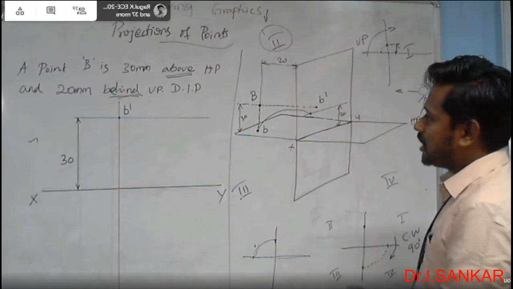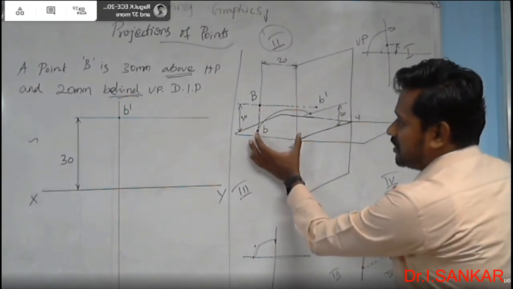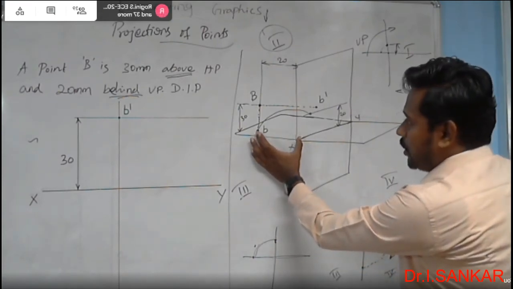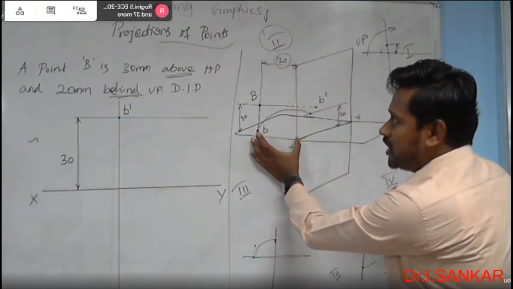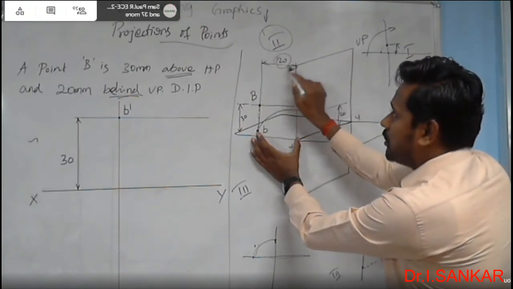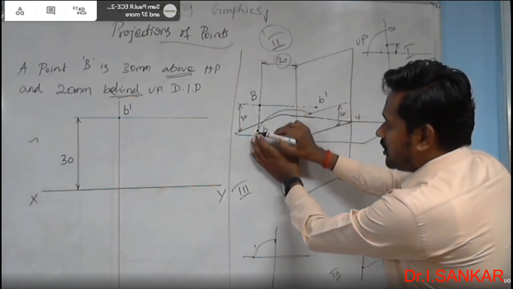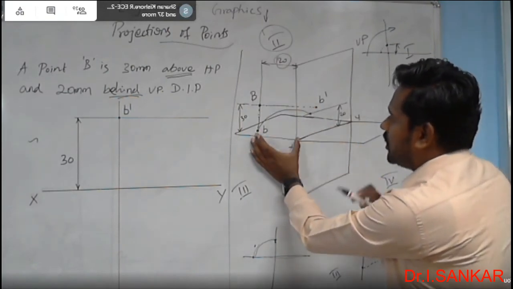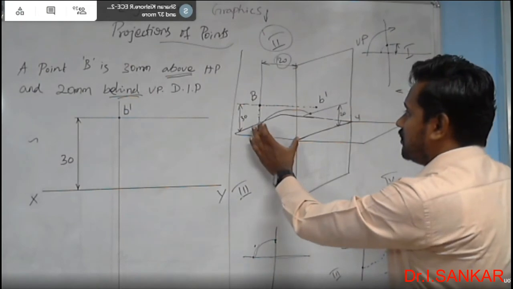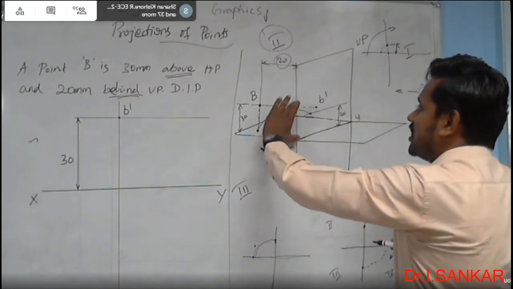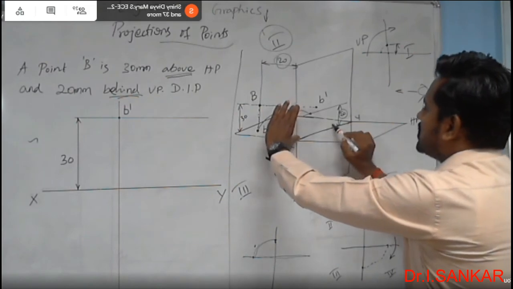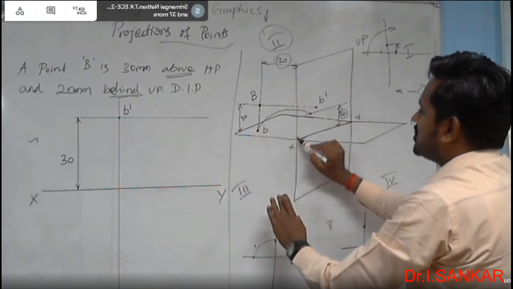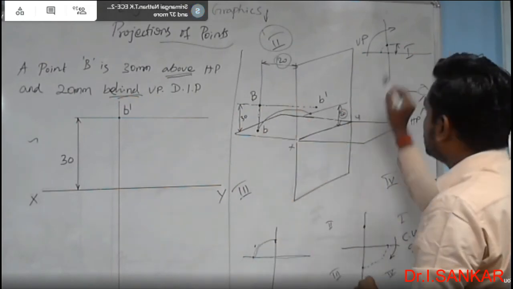Why 20 mm? Because the top view of the point is located behind VP 20 mm already from the beginning, because the point B is 20 mm behind VP. If you rotate it with respect to the origin with the same radius, that same 20 mm distance will be maintained between the origin and the top view.